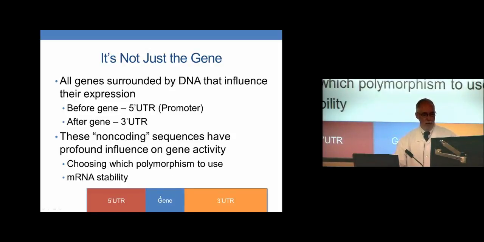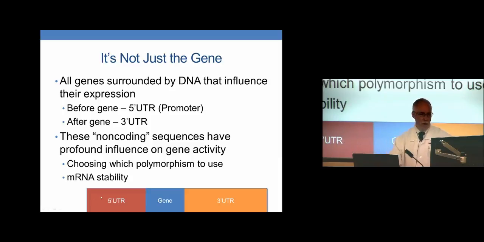So this is the simple version. Down here the gene is there, but there's a 5' UTR, which is the promoter. The promoter may be active to tell the gene to go ahead and be active. And then there's the 3' UTR, which is also where the miRNAs may inhibit gene activity. So these things may regulate whether the gene is in one form or another.